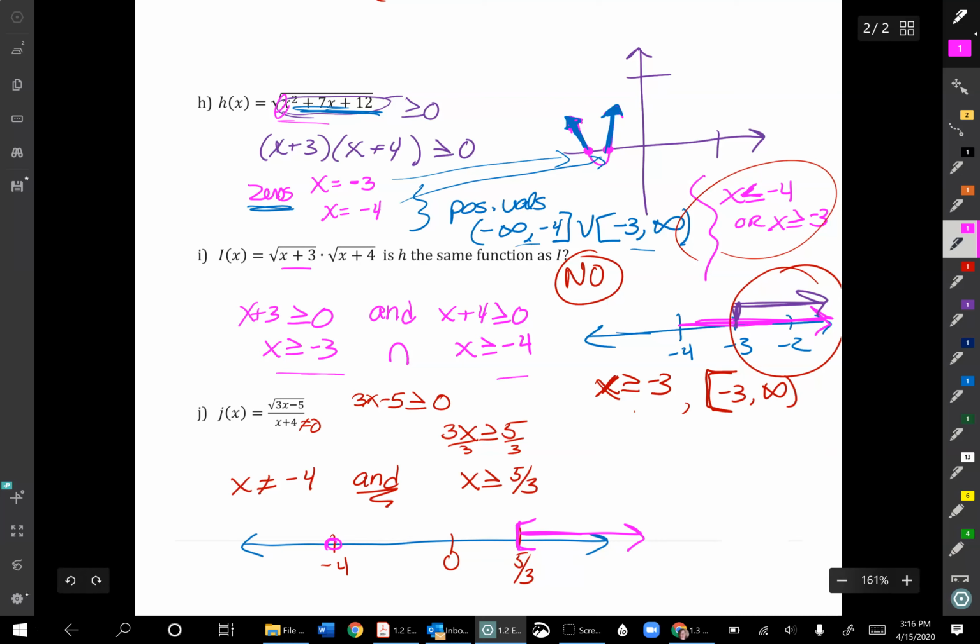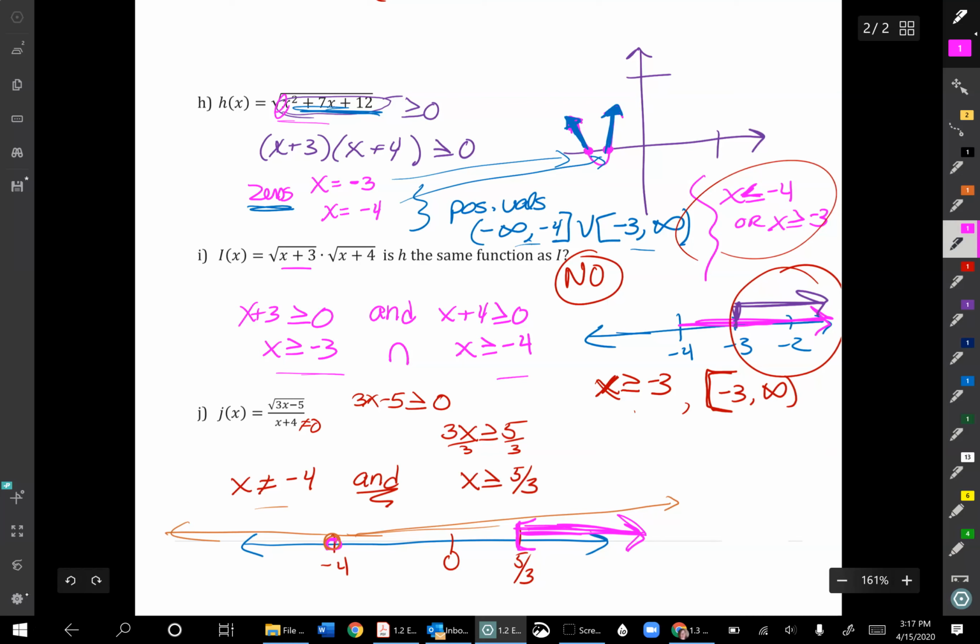For this piece, I could have anything else, but so I'll put that in a different color actually, so you can see it real clearly, that would be an open circle, and I could kind of go either way, right? Any other number for this piece, but I also have to have greater than 5/3.